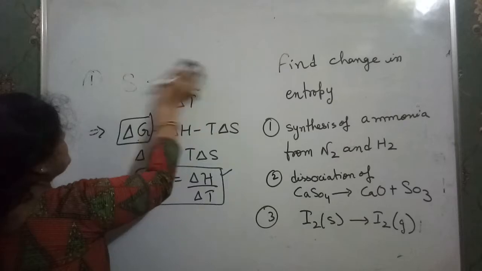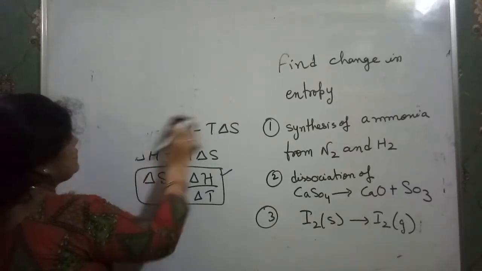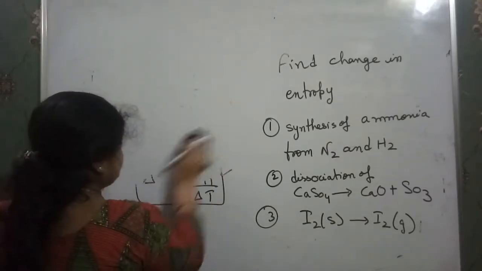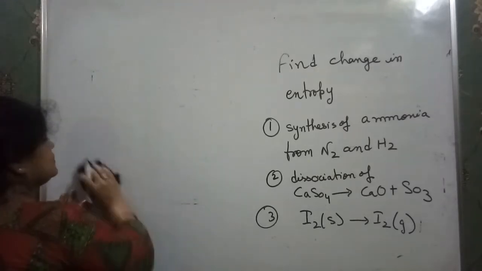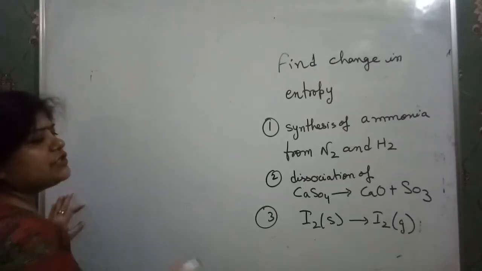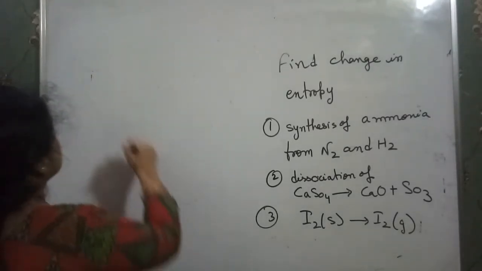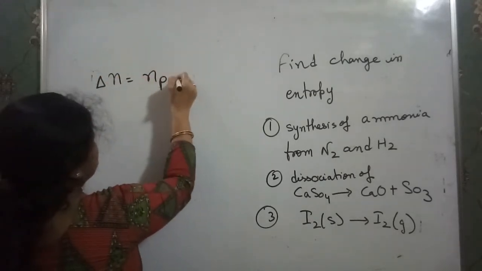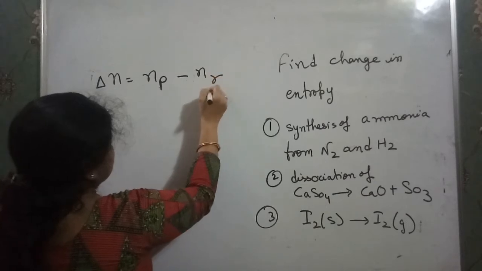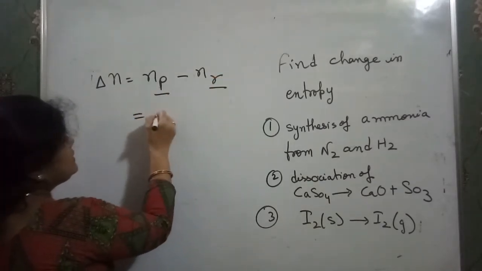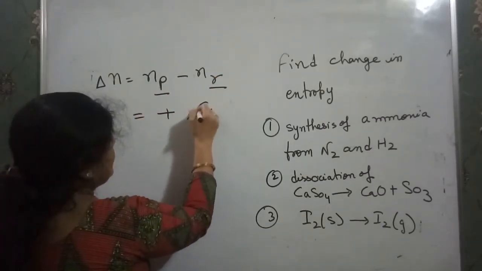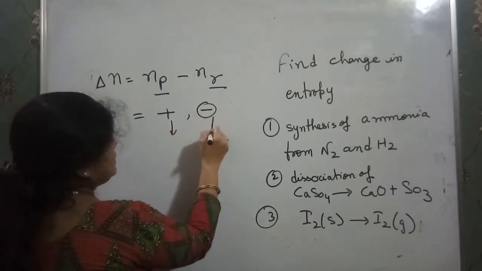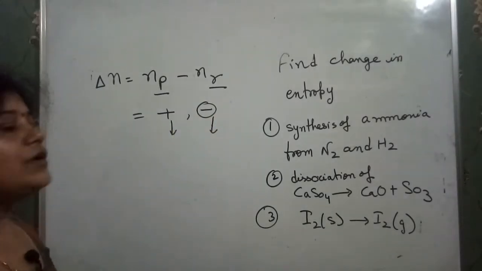Okay, and the next method by which we can find out the change in entropy is by just finding the change in number of moles. We have to calculate the change in number of moles, that is number of moles of product minus number of moles of reactants, and simply by observing the sign, plus or minus, we can say whether the entropy increases or decreases.